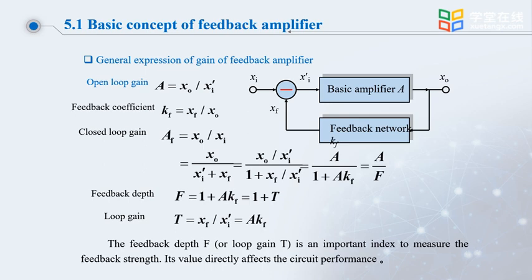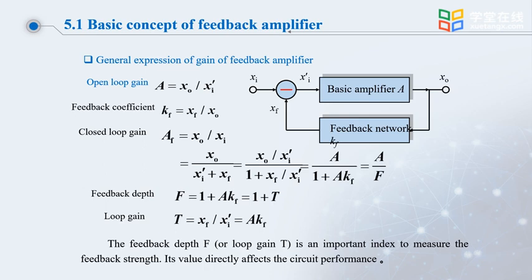The feedback coefficient is the ratio of the output of the feedback network to the input of the feedback network. The output of the feedback network is XF, and the input is Xo. So XF compared to Xo, we define as KF, called the feedback factor.